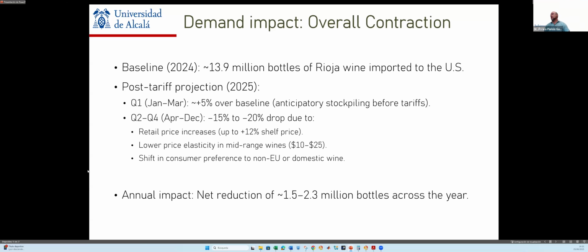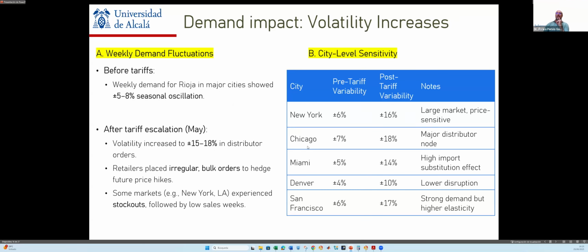So it's not only about the tariffs and how we handle this in terms of profitability of the business, but also about the demand. Consumers are also moving. So it's a net reduction between 1.5 and 2.3 million bottles across the year, just for Rioja, for the group of vineyards. For the volatility, there are two main impacts.